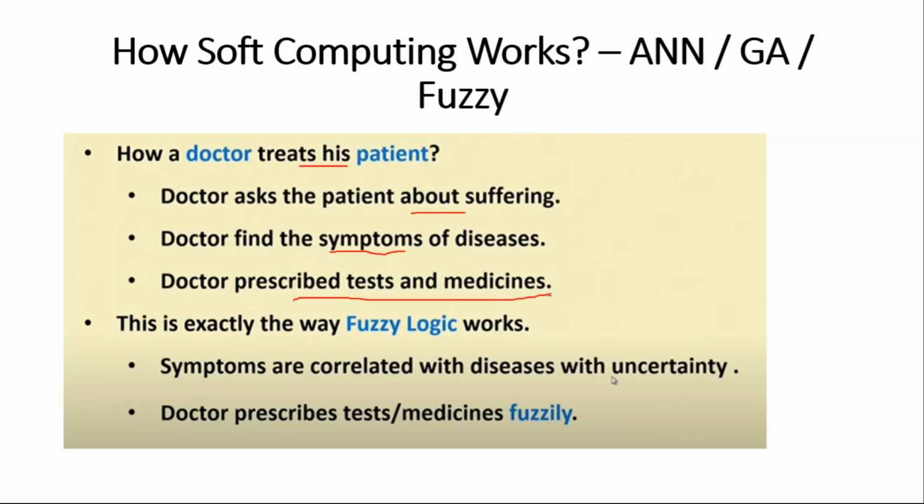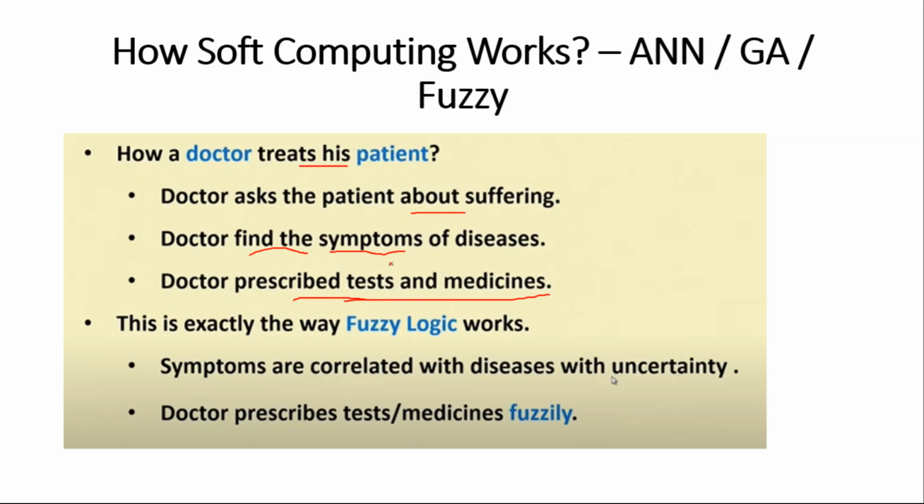Whatever input the patient gives, and whatever symptoms the doctor observes, based on that he predicts that this will be the disease, this may be the disease, and accordingly he'll ask the patient to go for tests and medication.